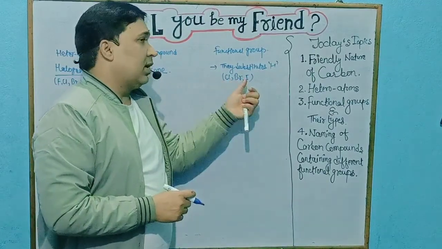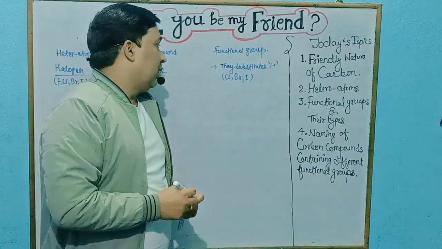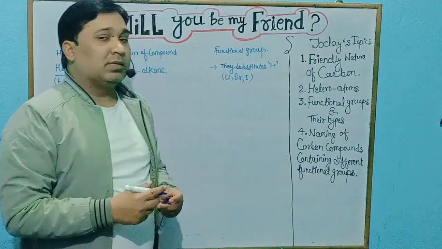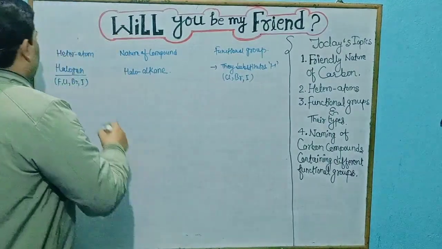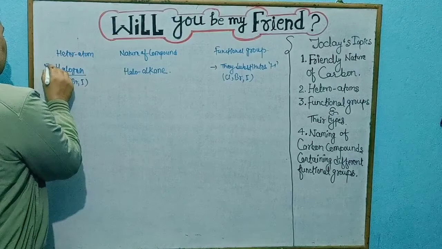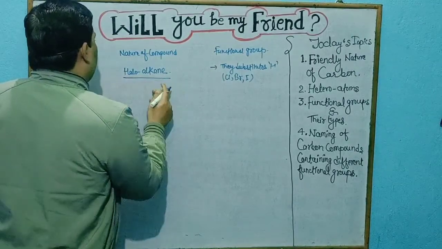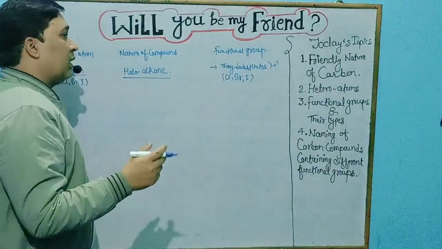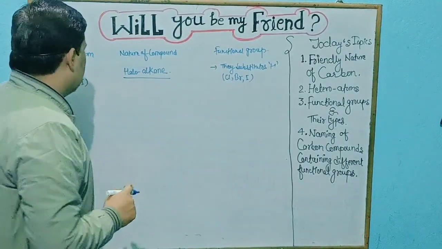So by replacing hydrogen, they share one electron with the carbon atom, become stable, and establish a single covalent bond with the carbon atom. Now, this is the first. Remember the name of the compound: it becomes haloalkane. It will be useful when we start naming the compounds containing functional groups.